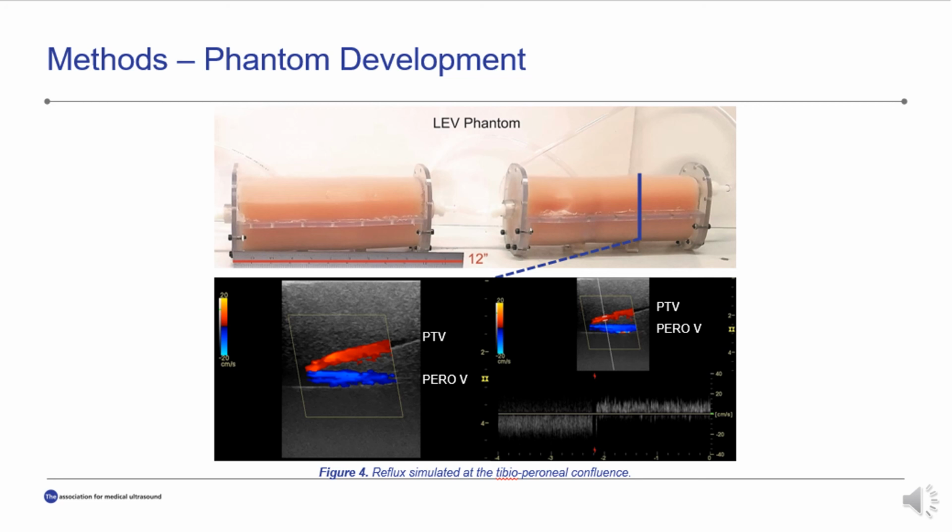And then we were able to show how the spectral Doppler could be used again in the image on the right-hand side, the lower panel. We're showing the peroneal vein with flow below the baseline, and the color Doppler is blue. And then when we move the Doppler sample volume into the posterior tibial vein, again we're modeling reflux, you see the red color and flow above the baseline.